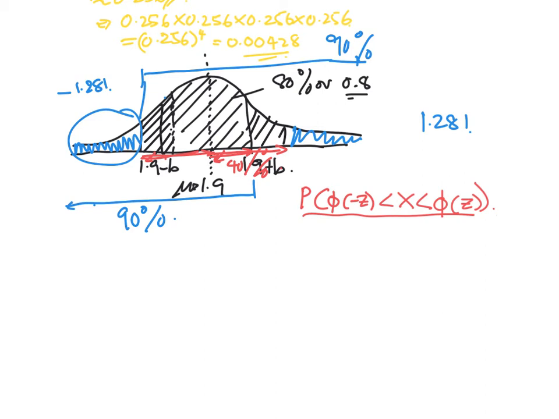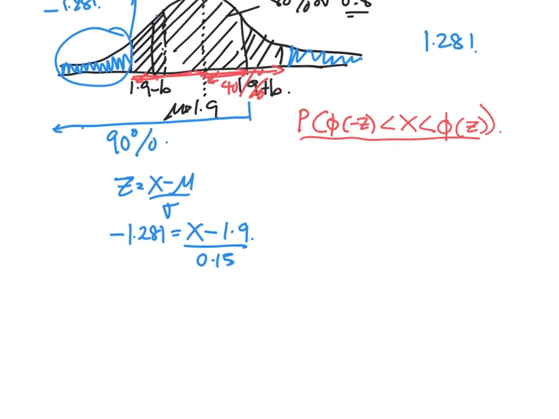So let's do that. First I'm going to take the left hand side. For the left hand side, negative z equals x minus mu over sigma, the standard deviation. So negative 1.281 equals x minus 1.9, which is mu, over the standard deviation, which is 0.15.